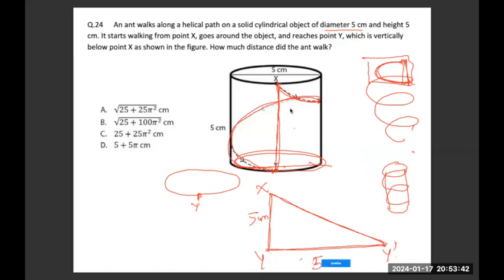So 5, sorry, what am I writing? 5 pi is the base. All you have to find is the hypotenuse, which is the length of that spiral.